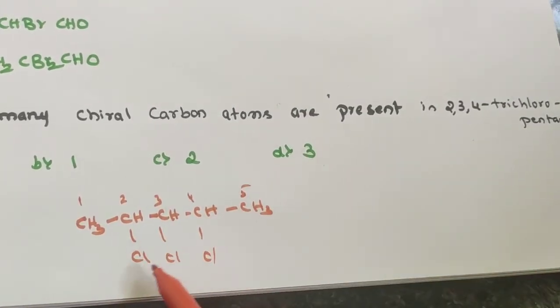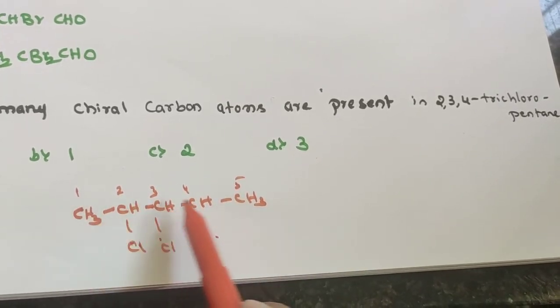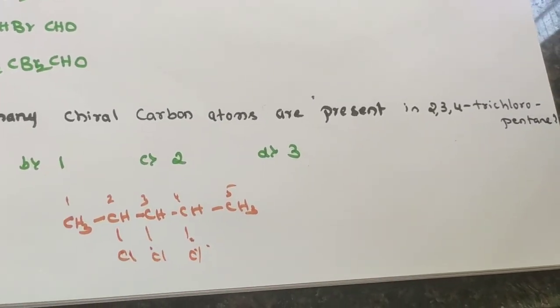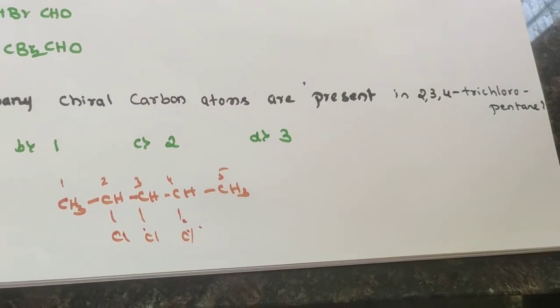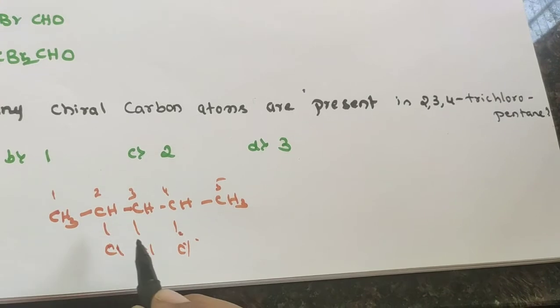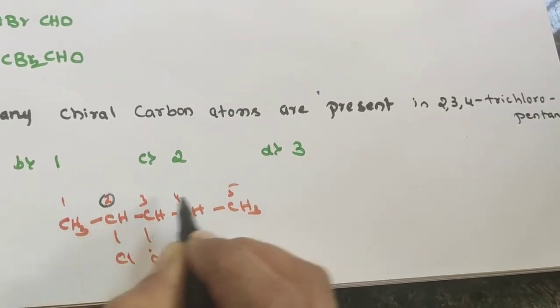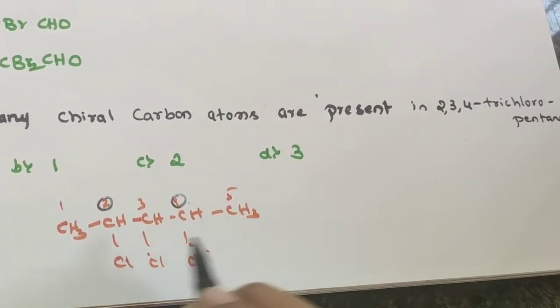So in this 2,3,4-trichloropentane, how many chiral carbon atoms are present? The number of chiral carbon atoms is 2 here, at the 2 and 4 positions.